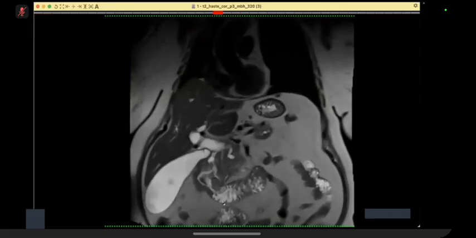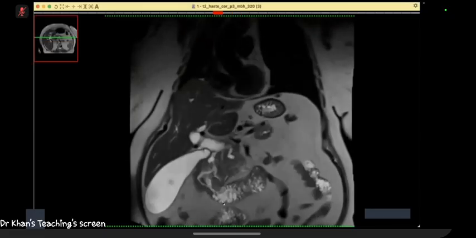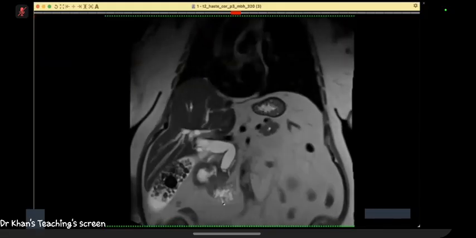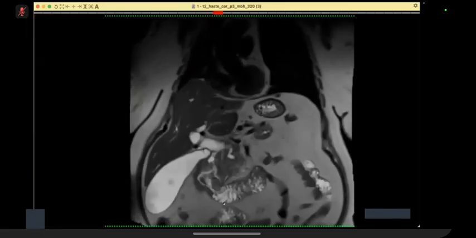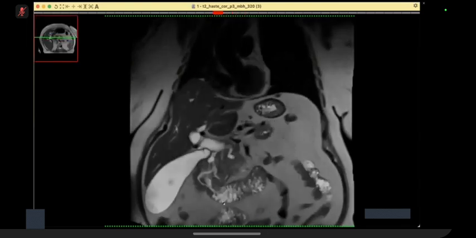I can see some T2 hypointense area in this. So this could represent a malignancy, but I would like to see the other sequences also to further establish my findings.